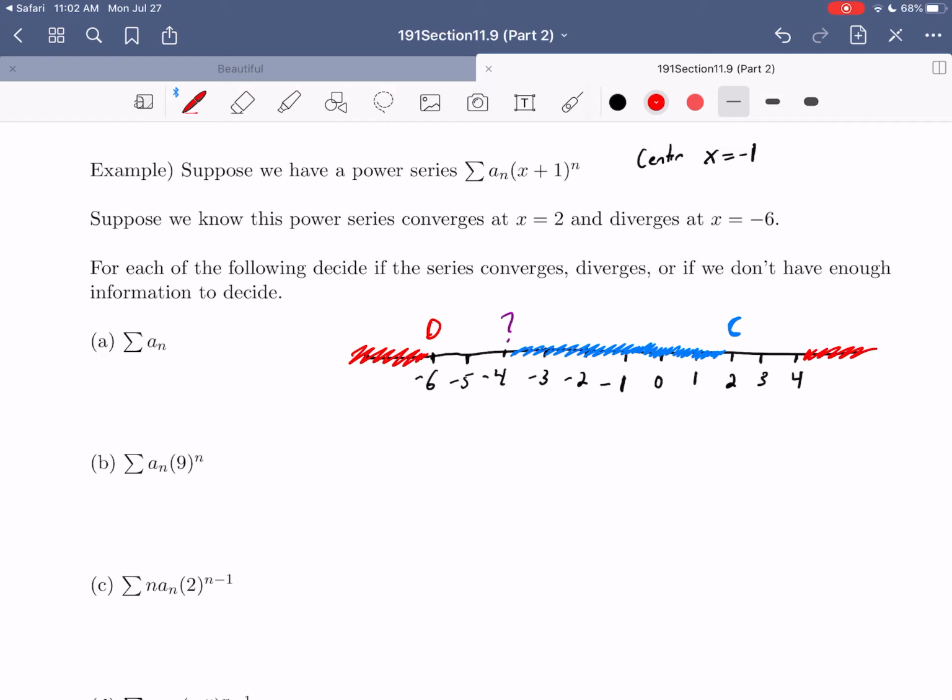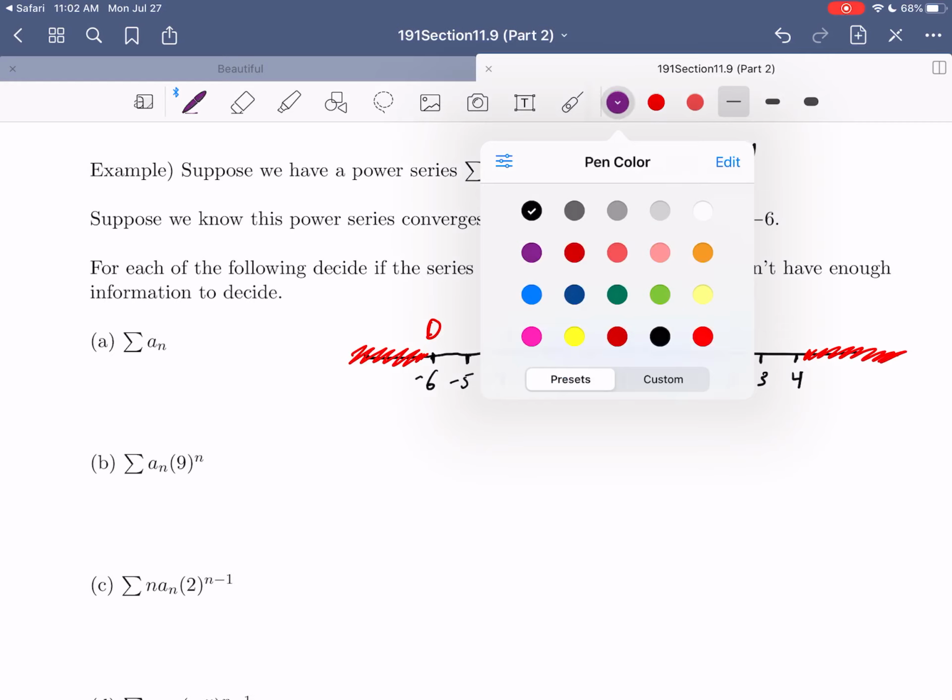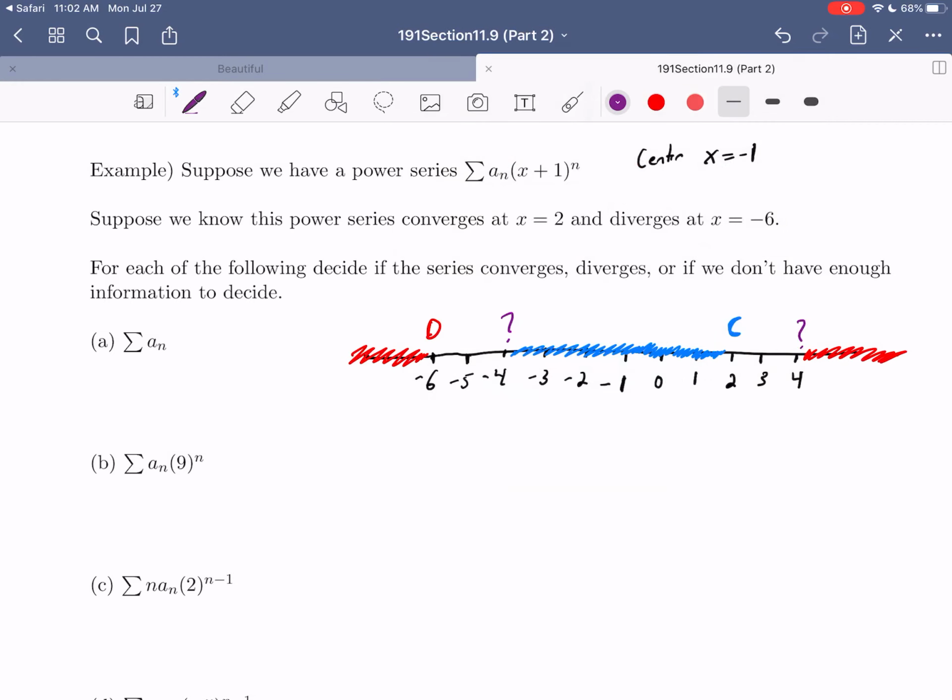Anything beyond here is also going to have to diverge. And right at this value of 4, that's equidistant here. Maybe everything converges all the way up here, then this is a divergent endpoint. But then again, maybe this one is closed, maybe this one's open, we don't know. So that's our information there. Obviously, this little no man's land and this little no man's land are also going to be question marks.